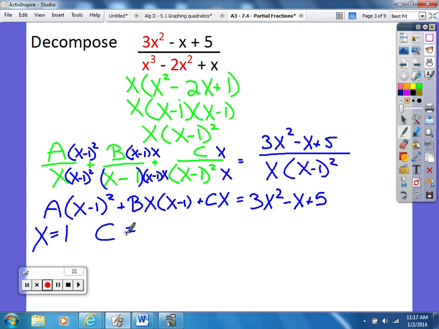Okay, so plug in 1 to that and tell me what C equals. I'm hearing 7, I'm hearing 13. 3 minus 1 is 2 plus 5 is 7. That make sense? Okay. What number do you want to choose next?